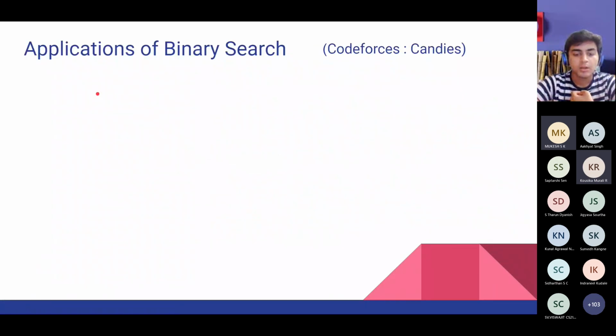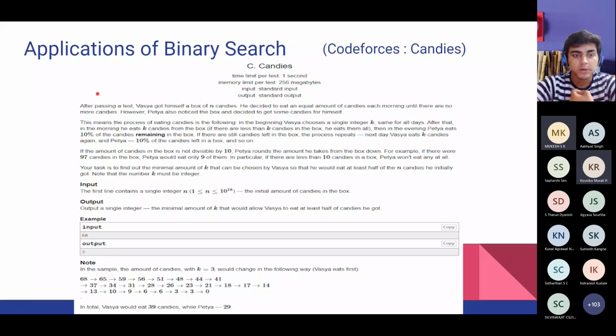All right, so another illustration of using binary search. Is the problem statement clear? Like, is it visible? Can someone confirm? Yeah, it's visible. Yeah, okay.